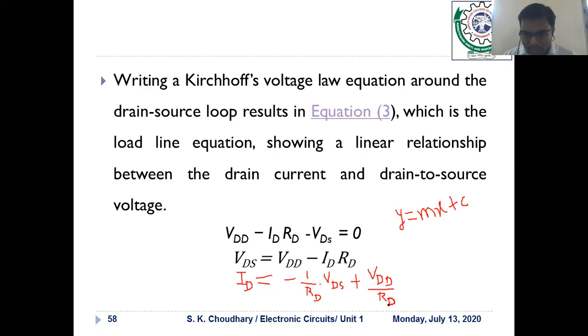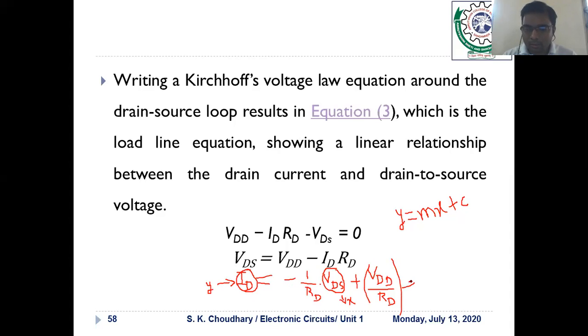We have just rewritten this load line equation to match it with y is equal to mx plus c. So here ID is y, and VDS is x. And what is the c? That is the constant term or intercept.